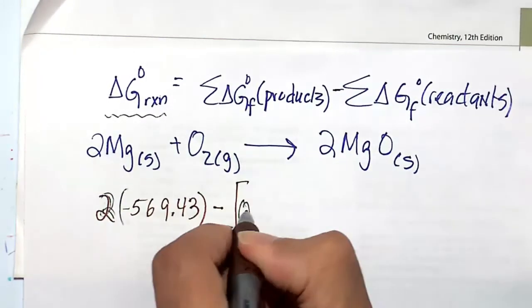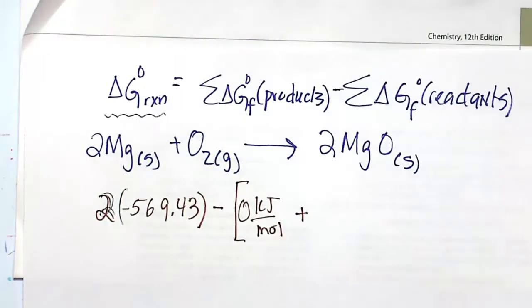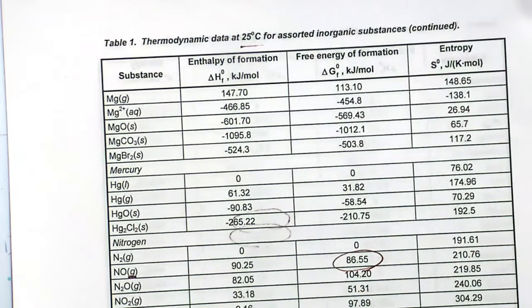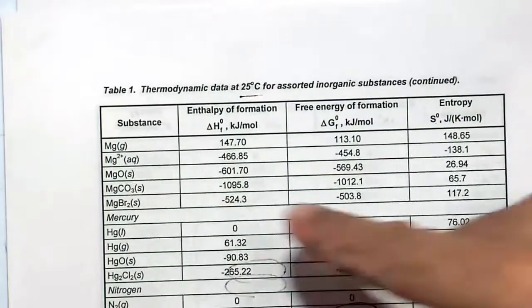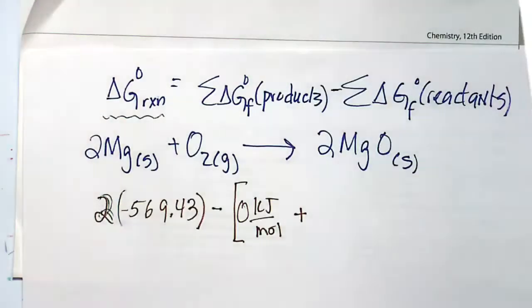Sum of the products minus sum of the reactants. Oxygen is 0, because that's baseline, natural abundance. And then magnesium solid. Let's see here, we have magnesium gas, so that's not going to do it. We want magnesium solid. My inkling is that it's going to be 0 because that is natural abundance for magnesium, baseline.